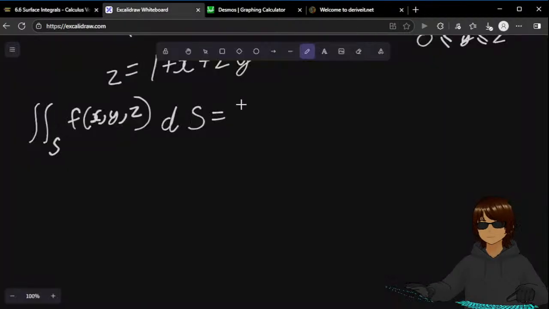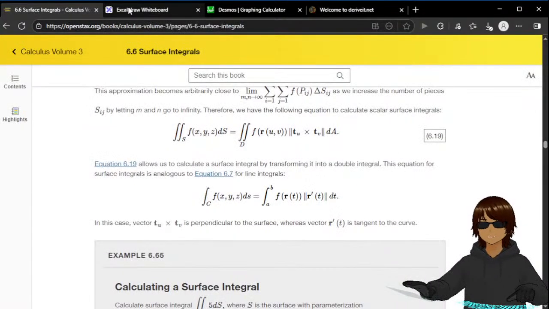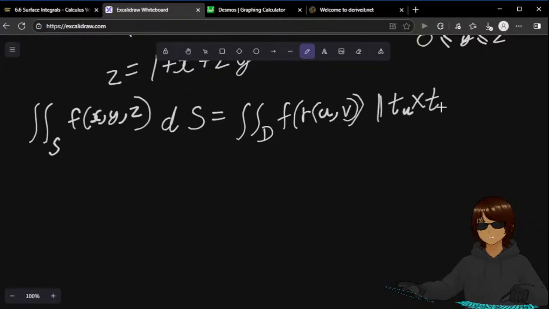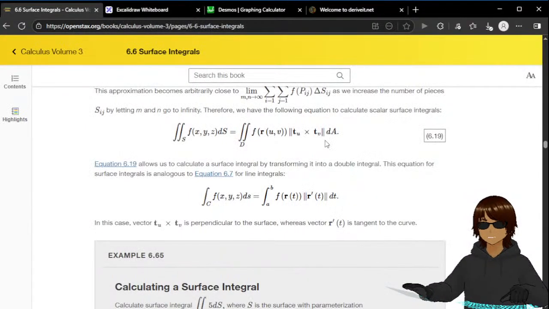Oh, there it is. The integral of f(r(u, v)) times the magnitude of the cross product of the tangent vector r_u and tangent vector r_v, dA.